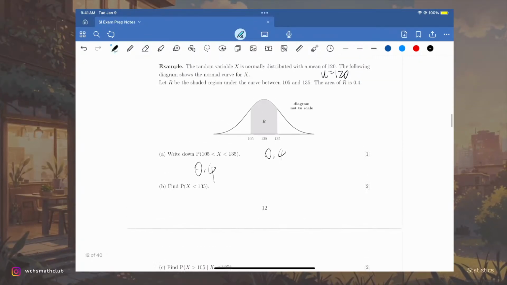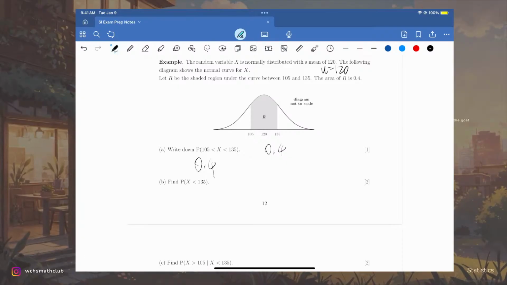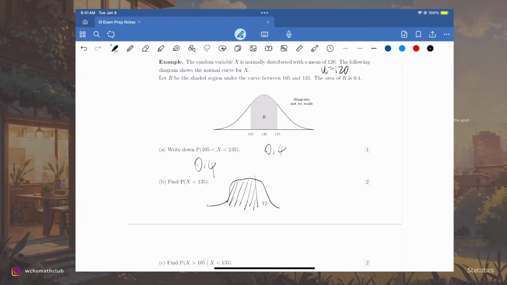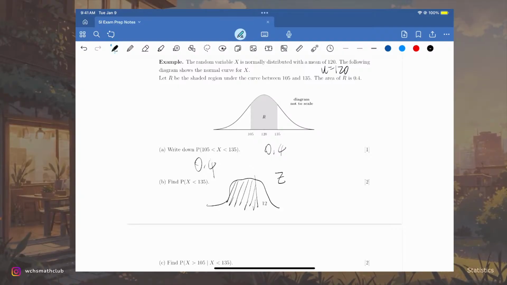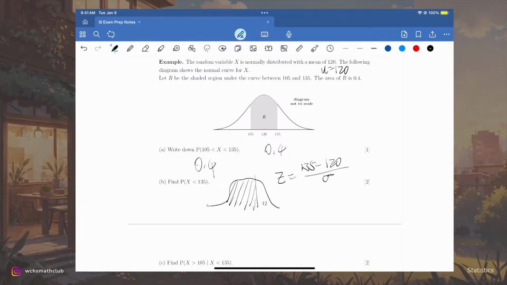I think I'll probably skip this for now, although I'll show you how you would typically solve it. So if we were to redraw this curve, we want to find this area. And we have area R is within 15. So the z-score here is equal to 135 minus 120 over the deviation, which is equal to 15 over the deviation.